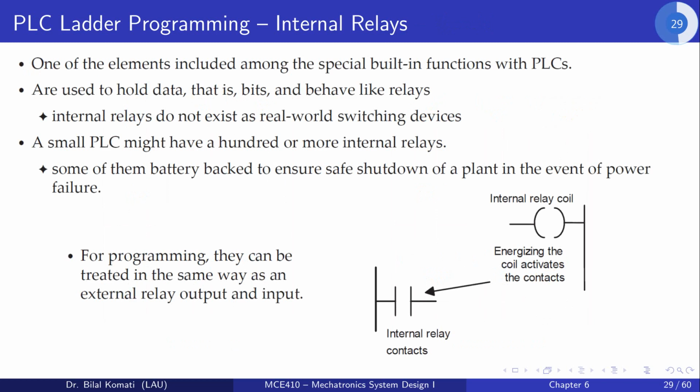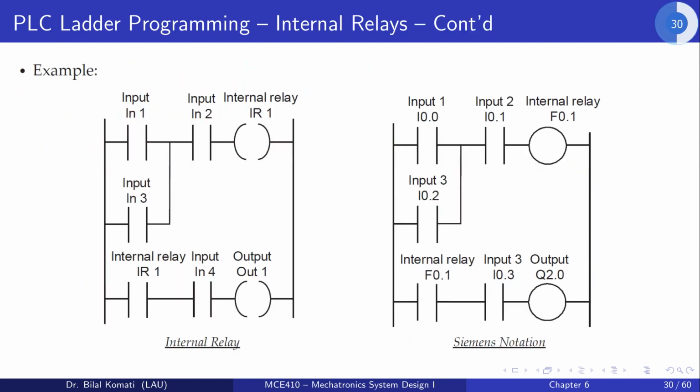For example, if input 1 or input 3 is pressed, and then input 2, we will switch this relay and hold the value until we activate another output with another input.